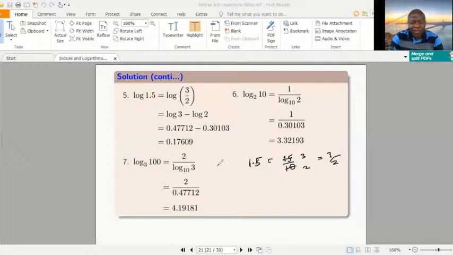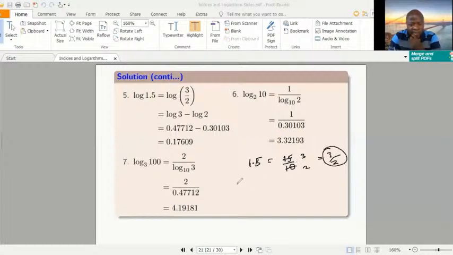That's good. Look at that. I've just thought of how do I write this in terms of 3 and 2. And in fact, I didn't use a lot of reasoning. I only converted 1.5 to a fraction, and it gave me 3 out of 2.